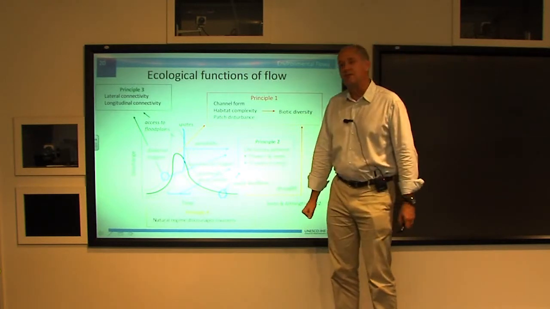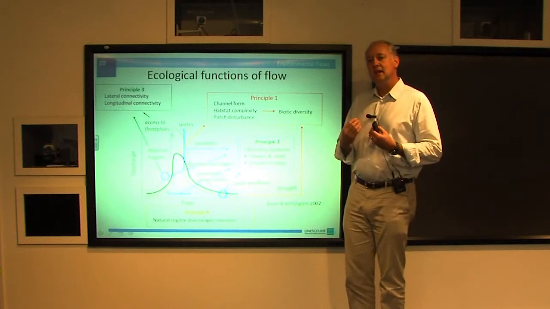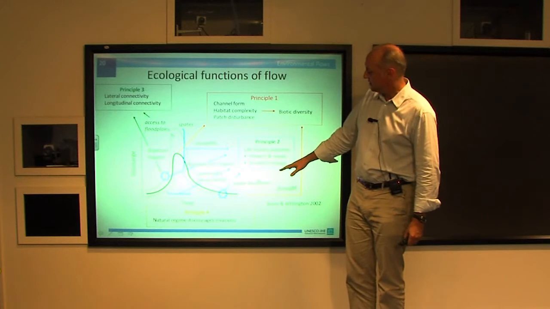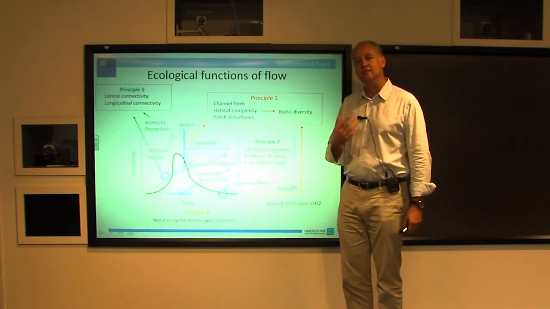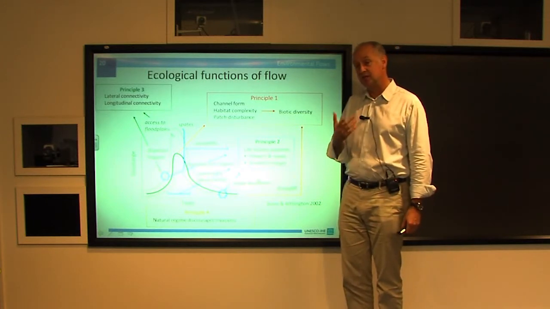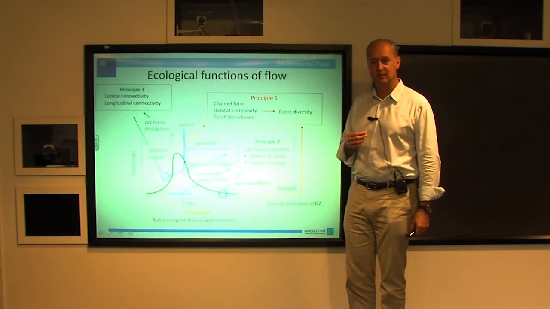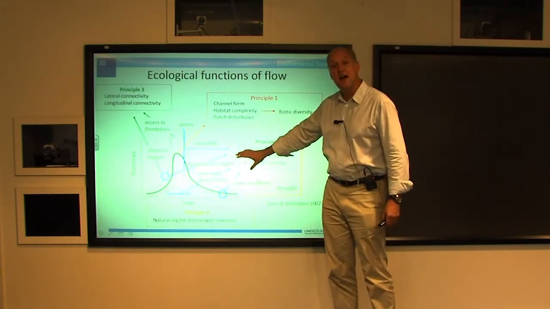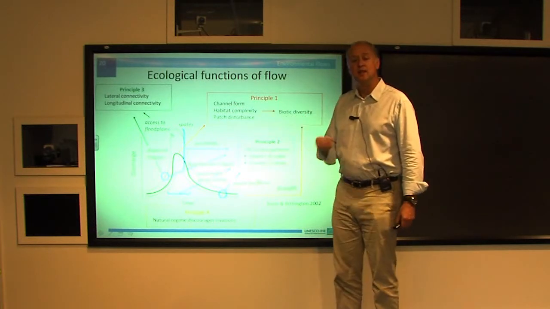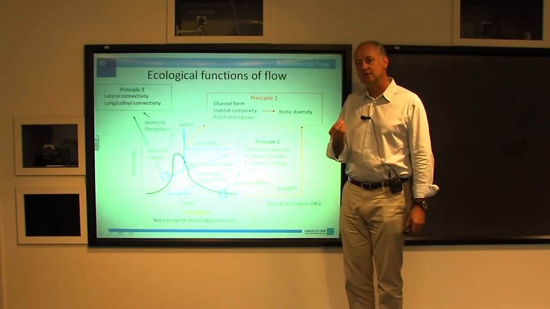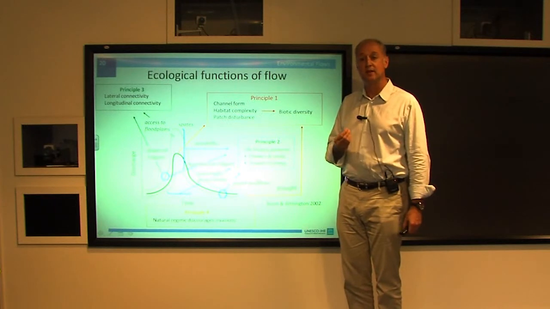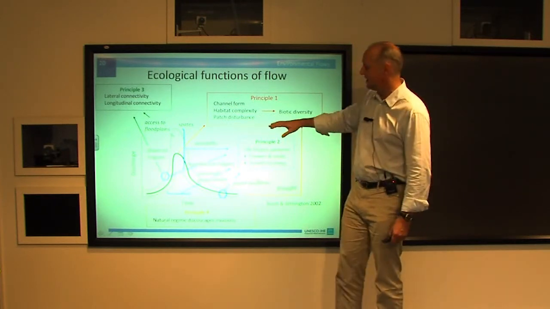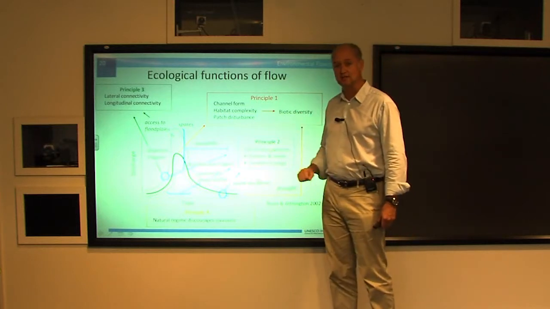Then finally, Principle 4 just recognizes the importance of flow, and especially a natural flow regime, in discouraging invasions by exotic species. And it's simply a recognition that in these highly dynamic systems, the organisms who are present are those that are specially adapted with adaptive advantages that enable them to succeed in these environments.